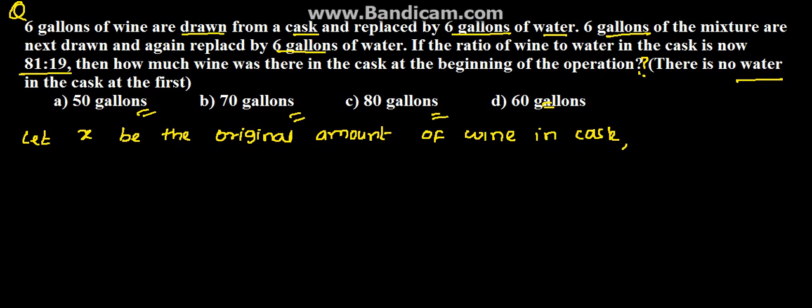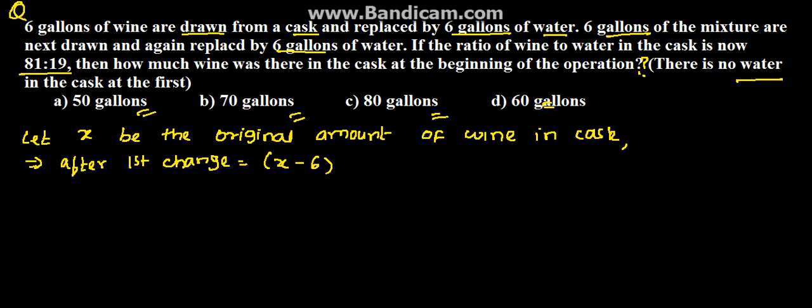So we have considered it to be X. The amount of wine after the first change will be equal to X minus 6, because 6 gallons is removed.